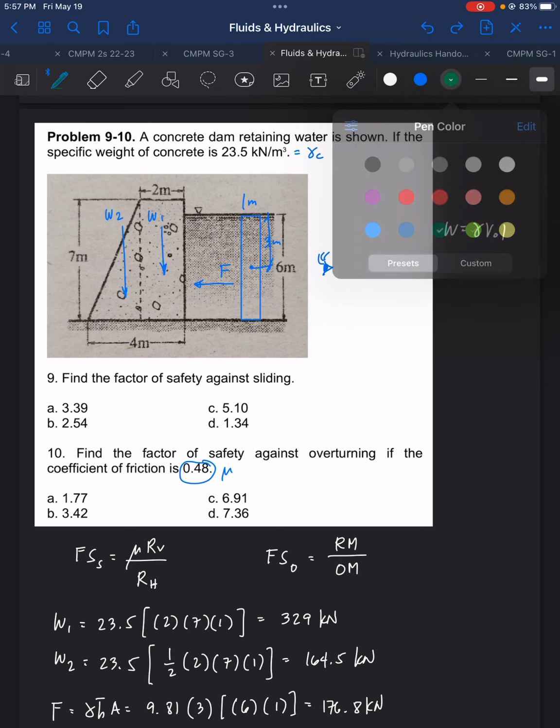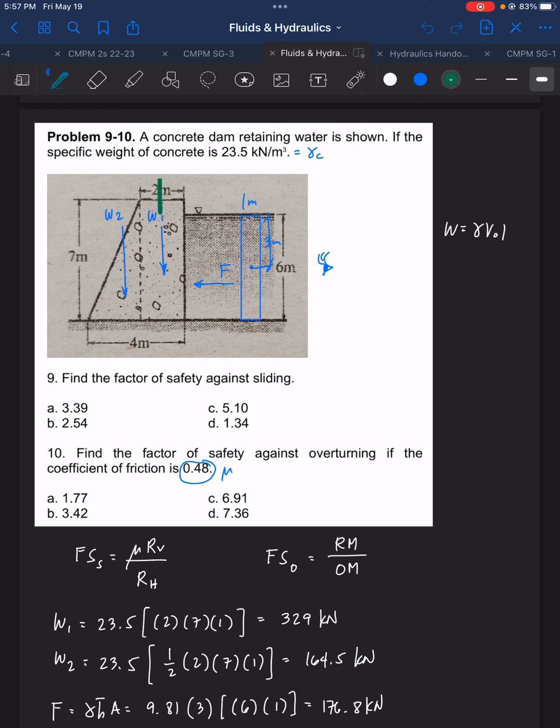So the distance from the toe to W1, weight 1 of the rectangular portion, is 3 meters.